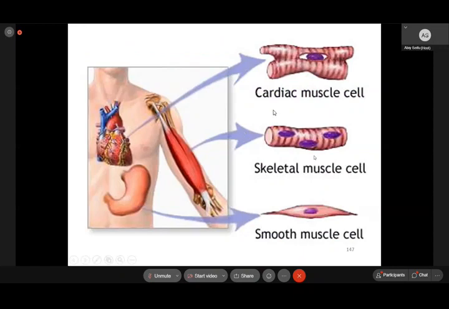Okay, this one is the cardiac cells. The cardiac cells are bifurcated or branched, and are found in the walls of the heart.